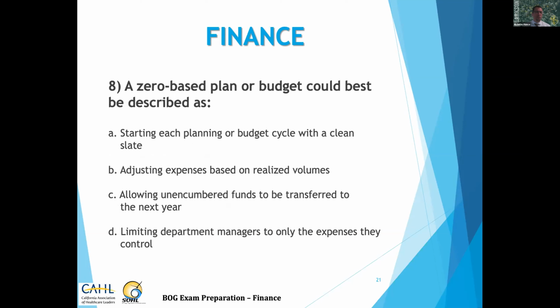Question 8, a zero-based plan or budget could best be described as... Okay, looks like we have A, 1B.